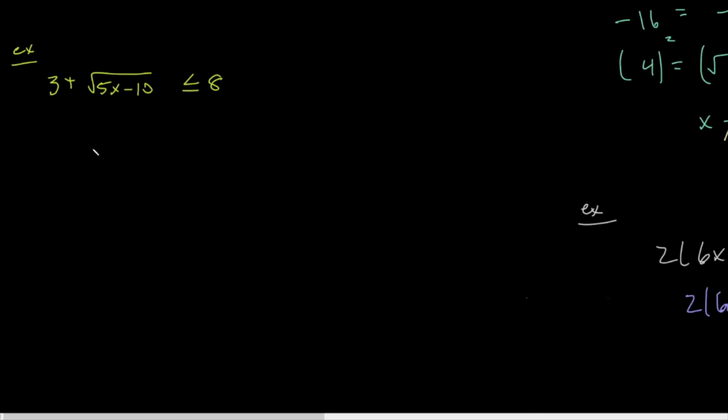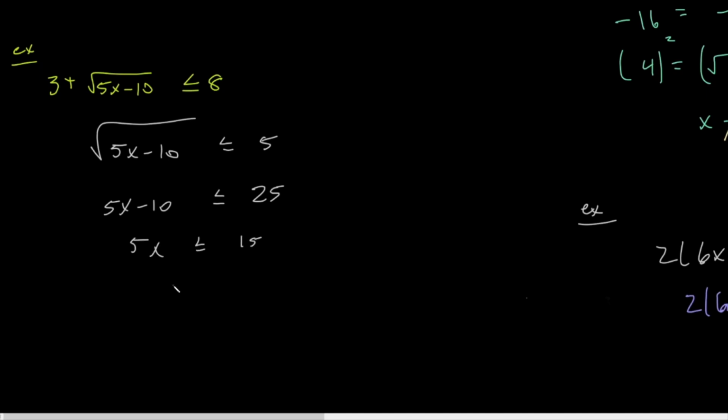I'll subtract 3, square root of 5x minus 10 less than or equal to 5. Square both sides: 5x minus 10 less than or equal to 25. So 5x less than or equal to 35, x less than or equal to 7. This is part of the answer. This is not the entire answer.